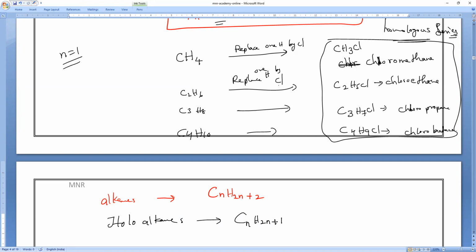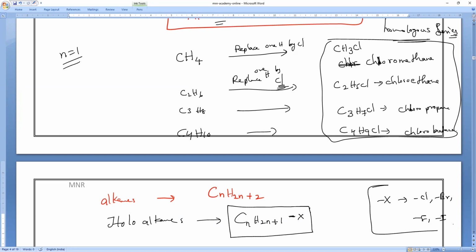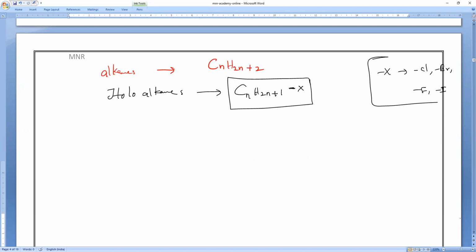CnH2n+1, and additionally we are replacing with some other atom, which I represent with X. So this is the general formula. What is X? X may become chlorine, bromine, fluorine, or iodine. Everybody understood?